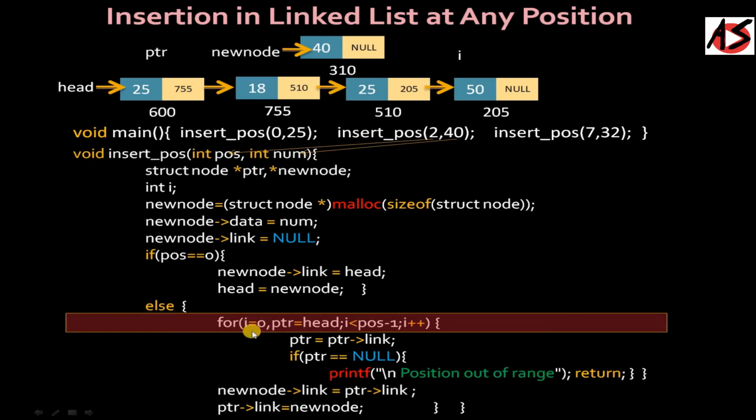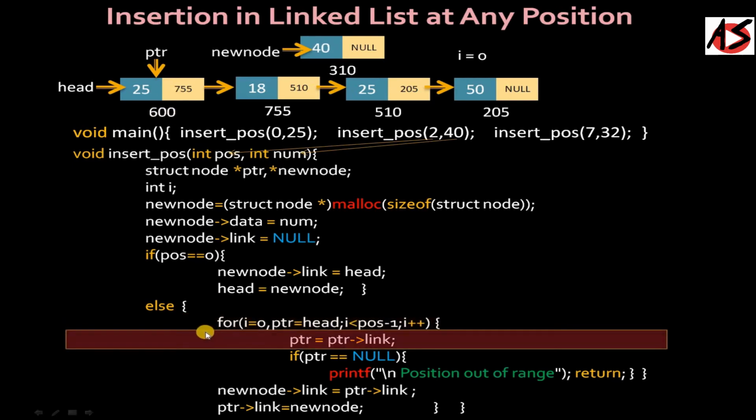In the for loop, the first declaration is i is equal to 0. So we can see here i is initialized as 0. The second initialization is pointer equal to head. So now pointer is pointing to the head node. Pointer and head are both pointing to the first node.